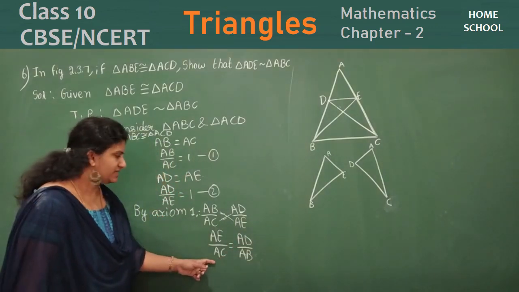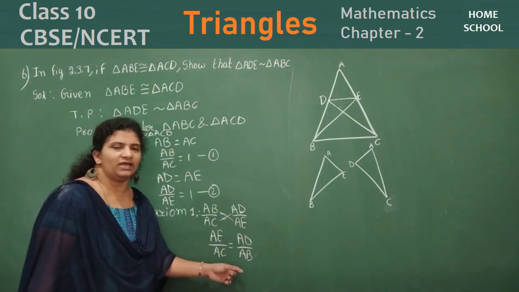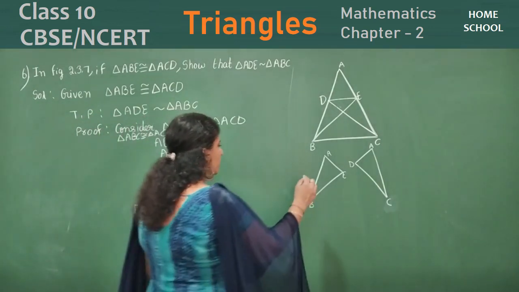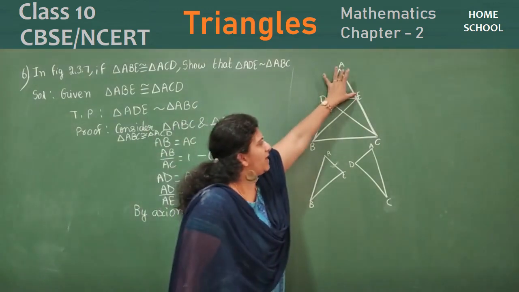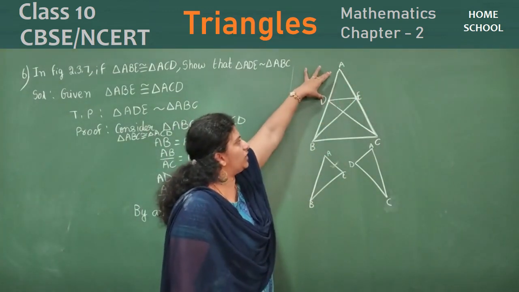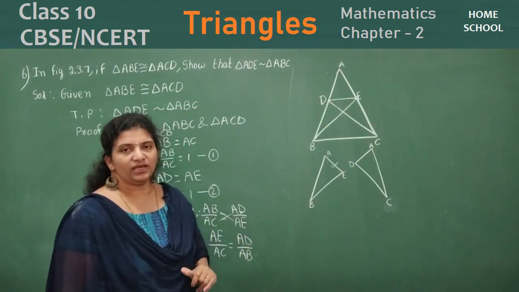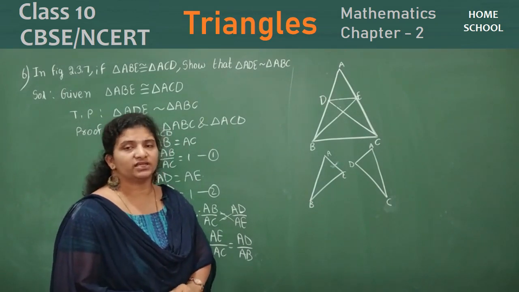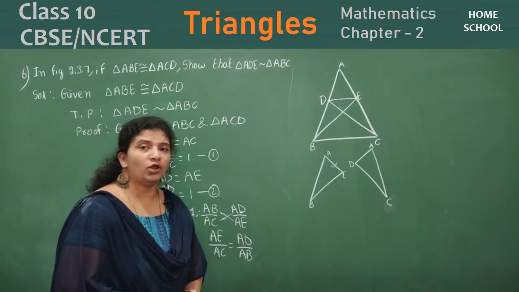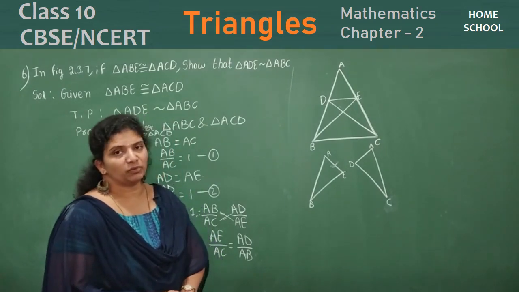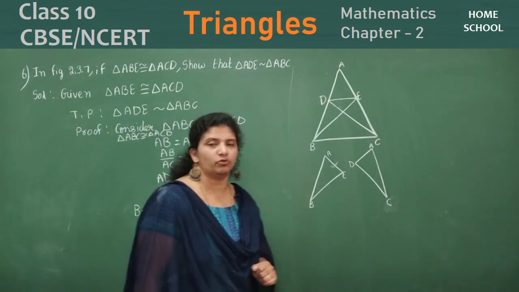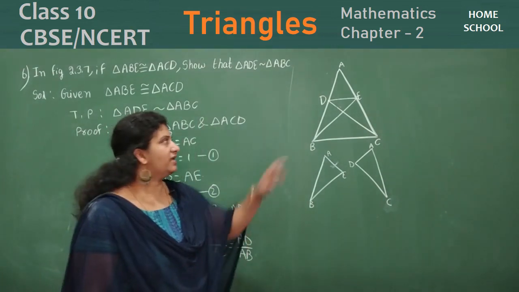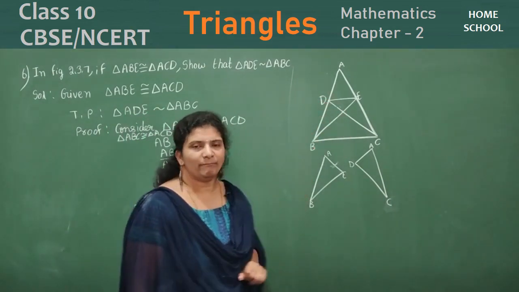AE by AC is equal to AD by AB. So what do you remember here, children? You can remember the corollary of the basic proportionality theorem. If these ratios are in proportion, what can you say? These two lines are parallel.